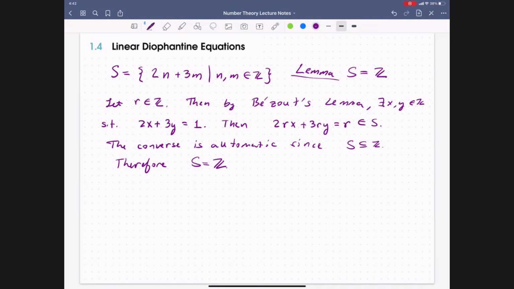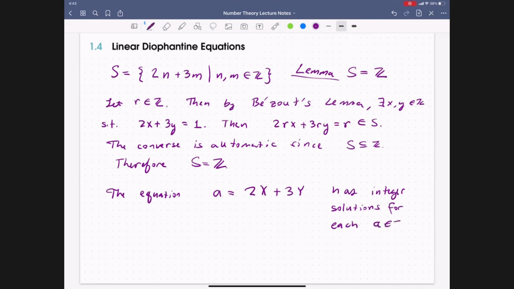So we have our statement, and as a consequence of this, we now have that the equation a is equal to 2x plus 3y has integer solutions for each integer a.